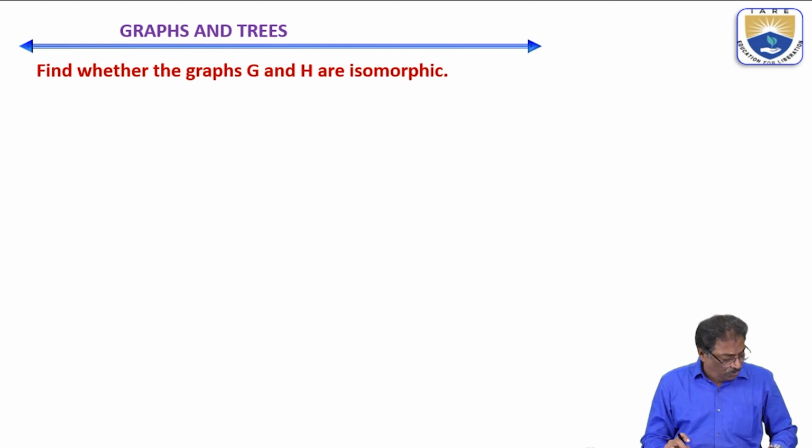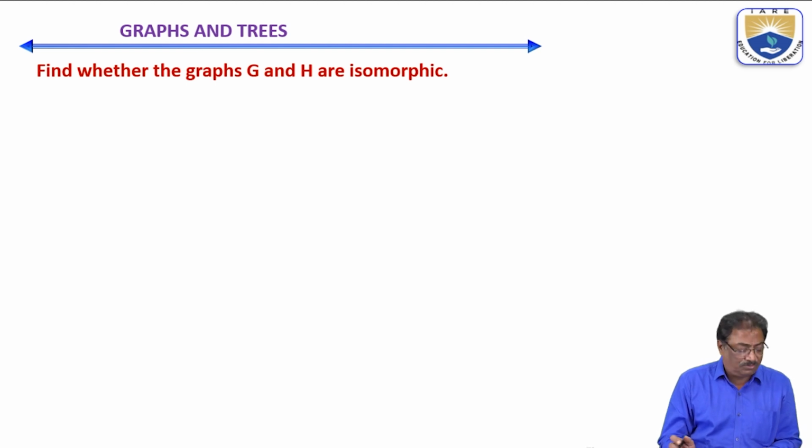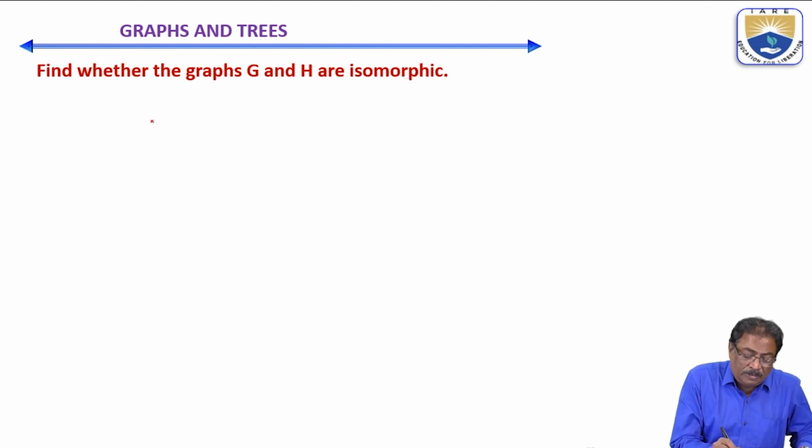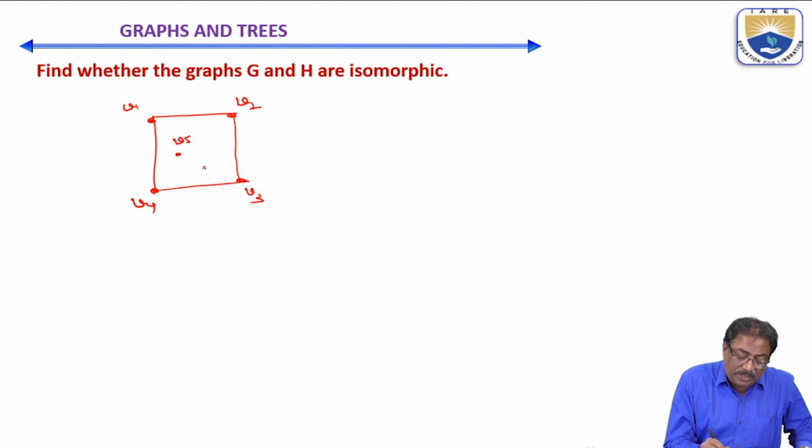Now the next one is to verify whether the following graphs G and H are isomorphic or not. Here we are going to consider the graph with vertices V1, V2, V3, V4, then V5, then V6.